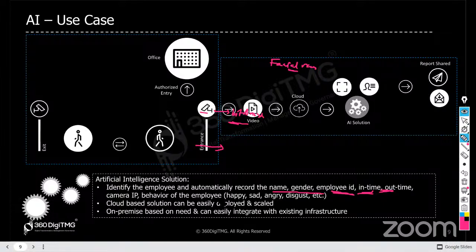In addition, you have to observe the behavior of the employees as well, whether he's sad or happy or angry. Cloud-based solutions can be easily deployed, or on-premises based on need, and can easily integrate with existing infrastructure. These are the things you have to make a note of and remember. Let us move on to the next thing.